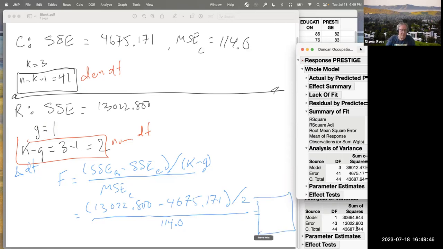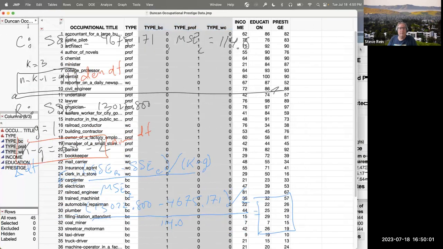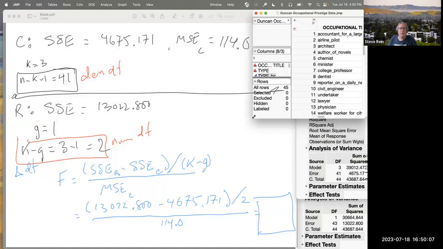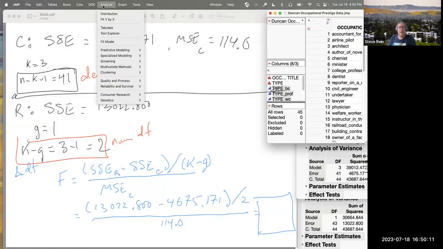Well, okay, I'm going to calculate that F ratio a little bit differently, since one of you works at this by hand. The way I'm going to calculate this is to work with the same data and refit my model just a hair differently.